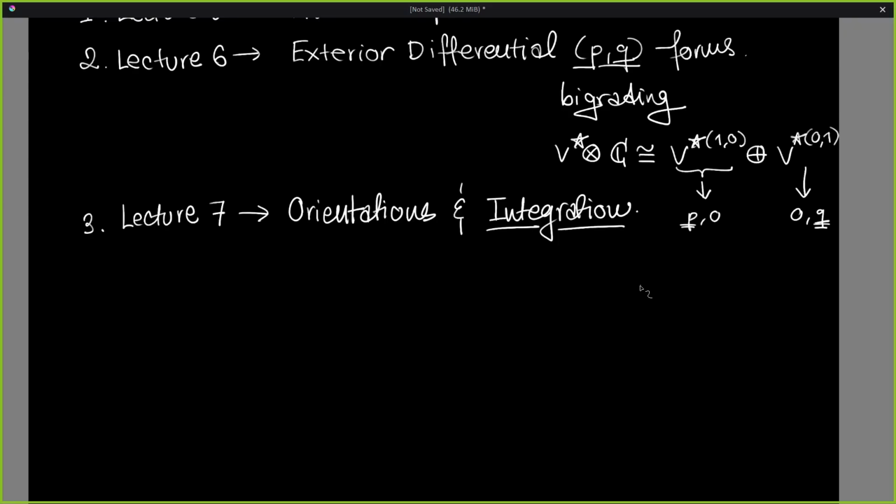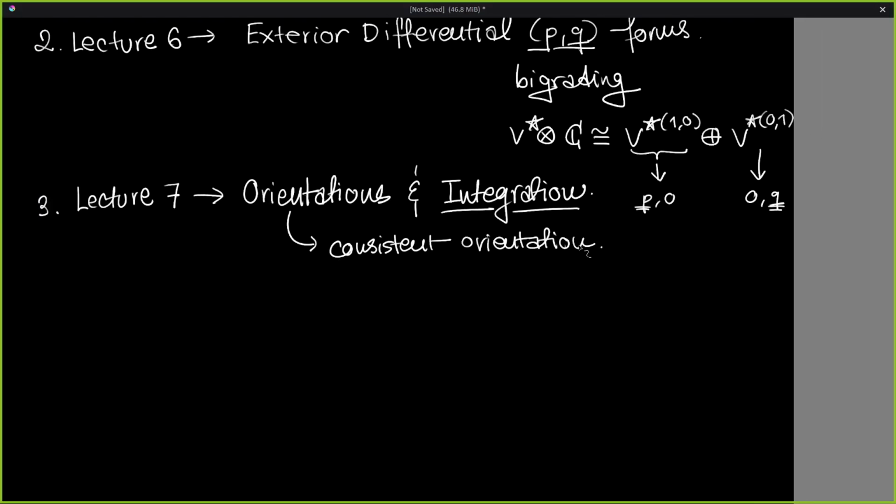Even if the integrals all agree, because of coordinate transformations, if their determinant is negative, they will flip between what are called orientations. And so we needed a way to define a consistent orientation on the manifold.